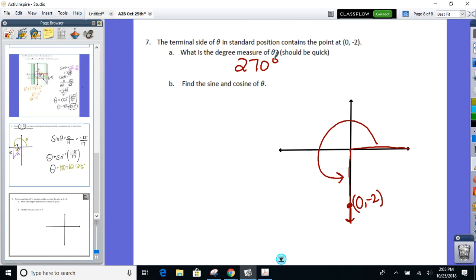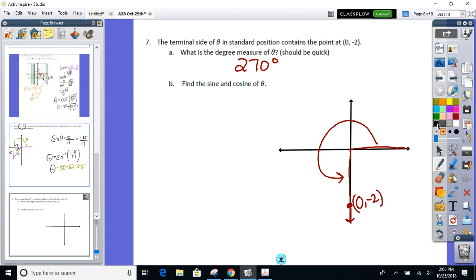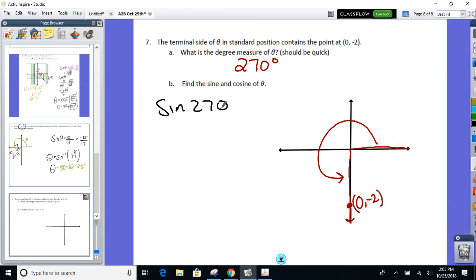And then find the sine and cosine. Can I use those coordinates? Can't use those coordinates because they're not on the unit circle. But I can use the unit circle coordinates. I can use 0, -1.